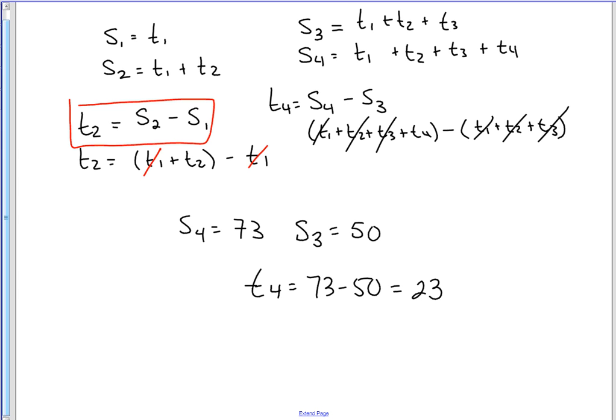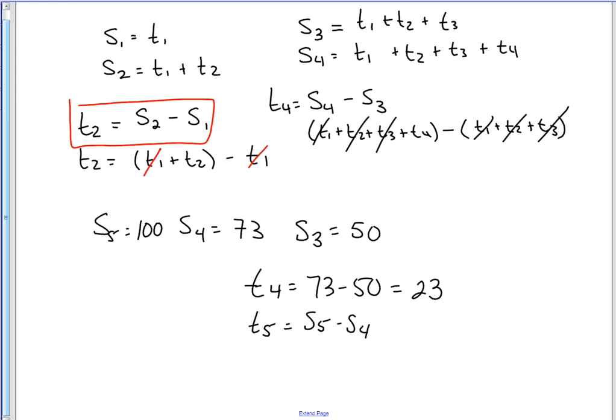Often what will happen is a test question might give you some more sums, and then you have to figure out the common difference. So if you know this sum and this sum, let's say S5 was 100, then what would be term 5? Term 5 would be S5 minus S4.